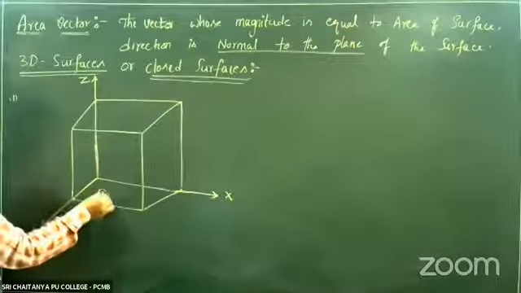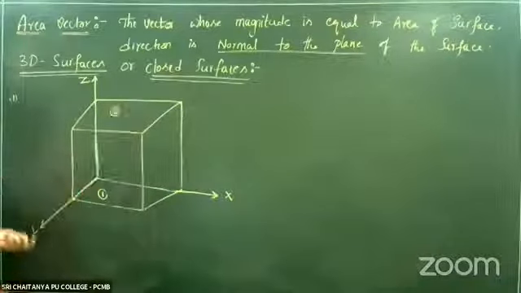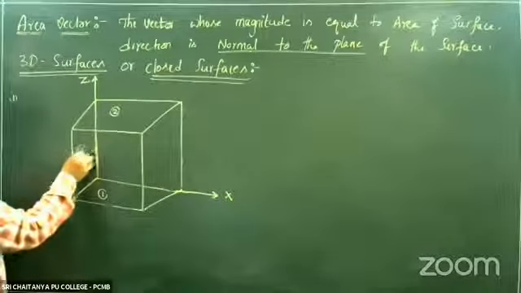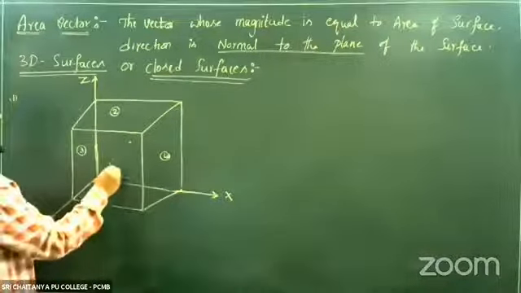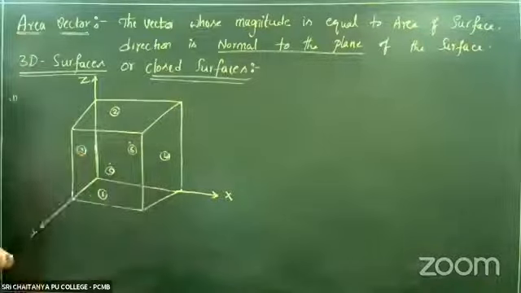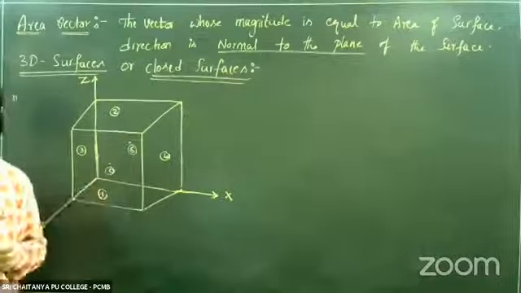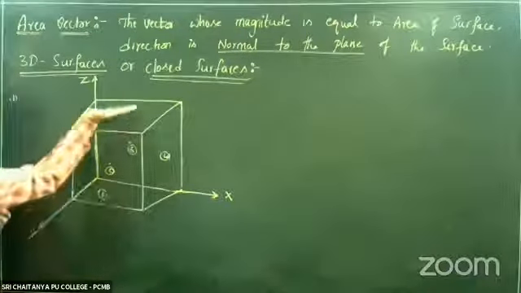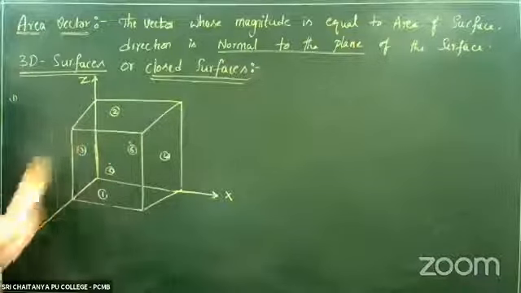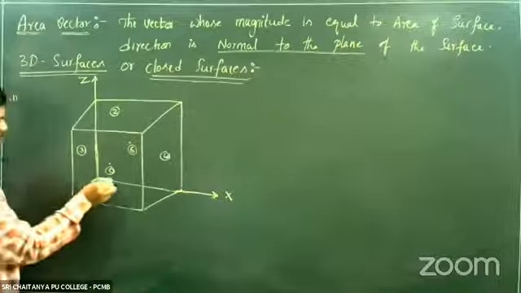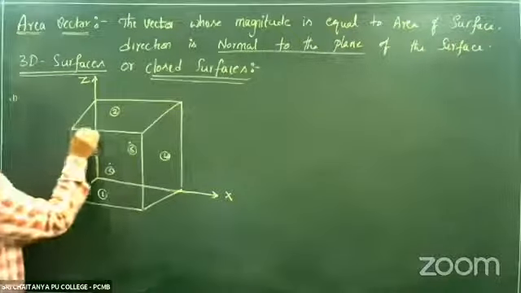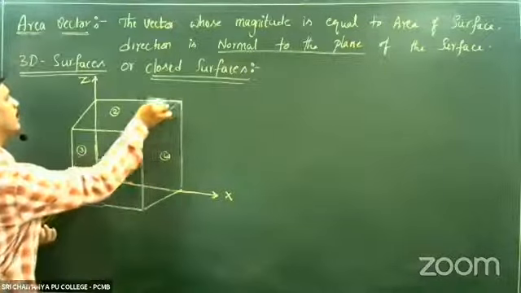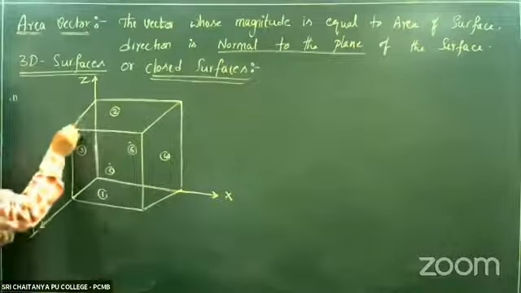This is plane 1. This is plane 2. This is plane 3. This is plane 4. And the other two planes, 5 and 6. I hope you understand. For a cube, there are 6 planes, right? This plane is plane 1. This plane is plane 2. This plane is plane 3.